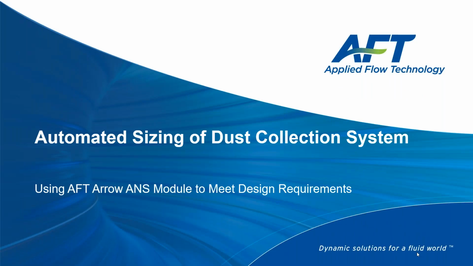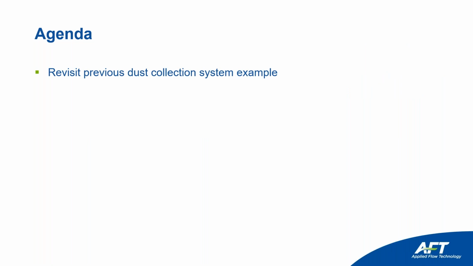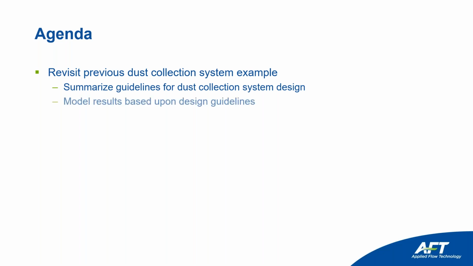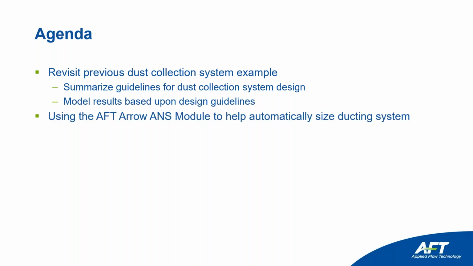So let me get back into this. Here's what the agenda looks like. I'm going to revisit the previous dust collection system example that I did in the webinar a year ago. I'm also going to summarize the guidelines that I presented last time for the dust collection system setup. We'll take a look at the model results based upon the guidelines that I built the model on for that system.